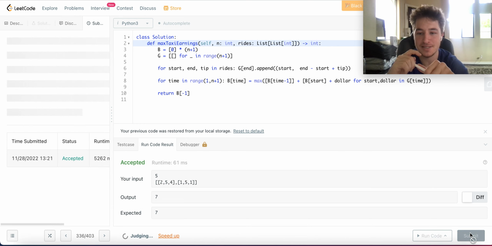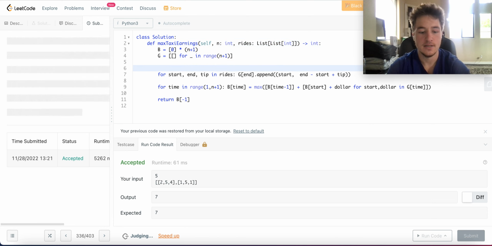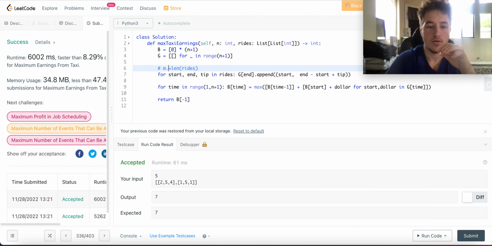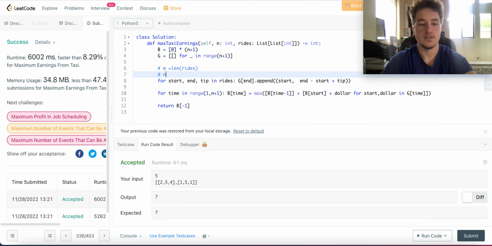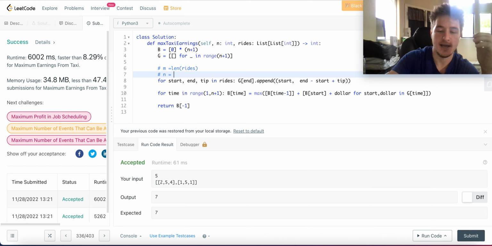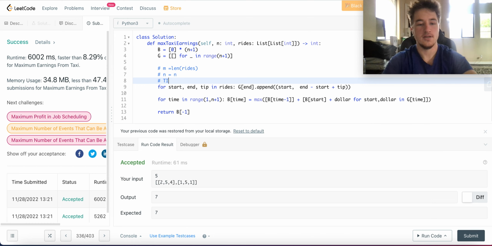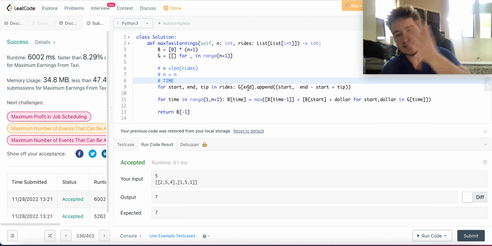So what's the space and runtime of this algorithm? Okay, well, let's first say that m equals the length of rides. See, this one's slower, it can be all over the place, so let's not worry about that. And then n equals the length of n. Just to, okay, so for time, we need to look at each ride to create this graph, where we have all the n times there.